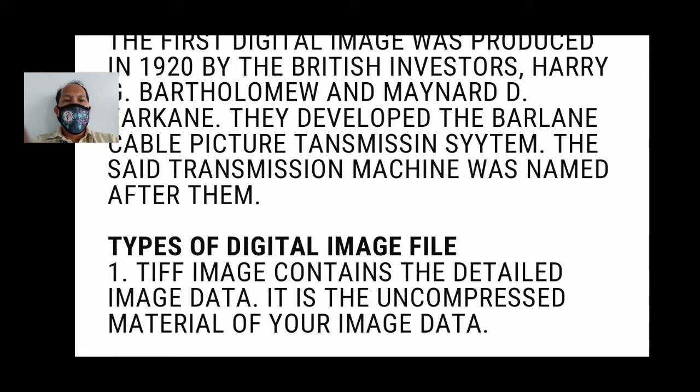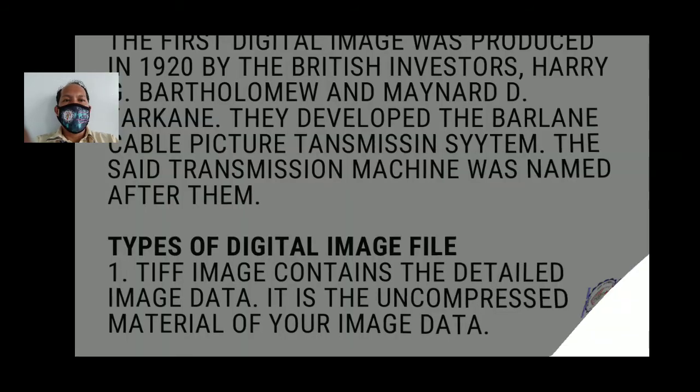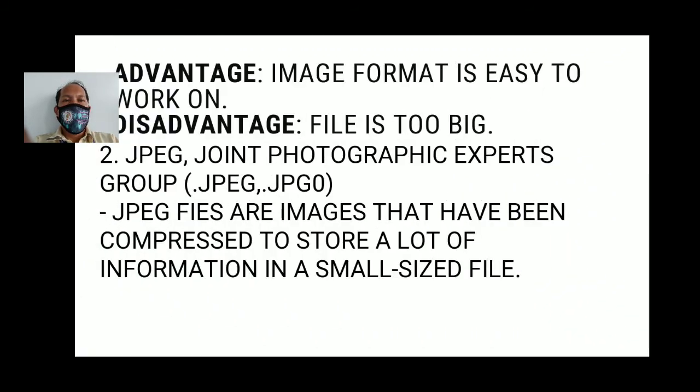There are some types of digital image file. The first one is the raw image, which contains the detailed image data. It is an uncompressed material of your image data. What is the advantage? The image format is easy to work on, and the disadvantage is the file is too big.